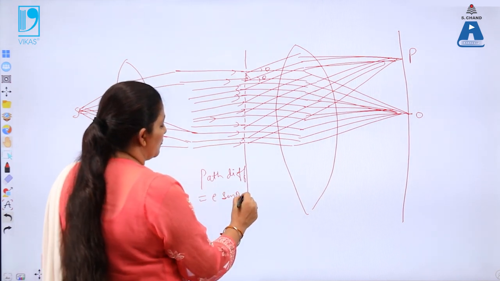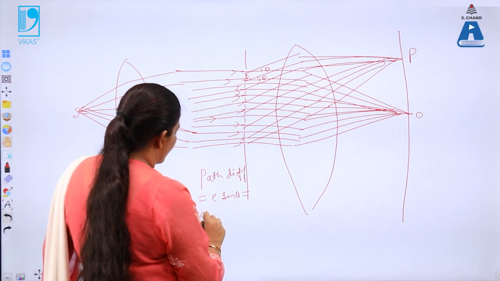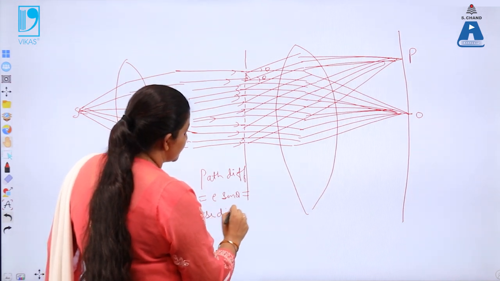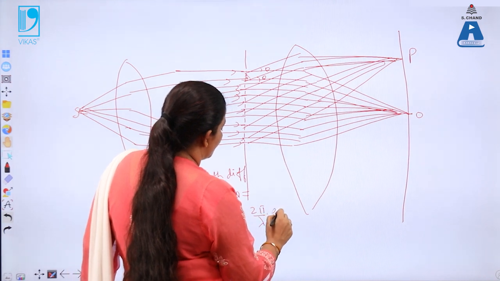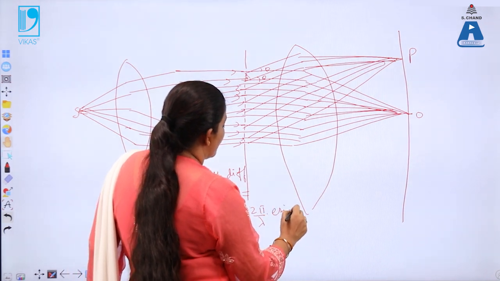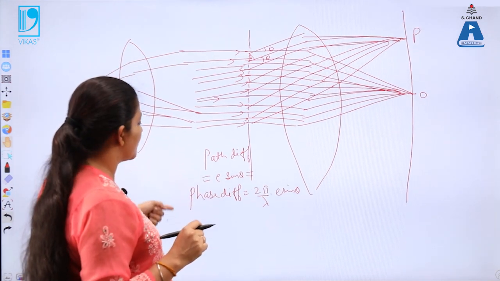Now we know the phase difference can be calculated over here. The phase difference by one slit is equal to 2 pi by lambda into e sin theta. Again we will divide this single slit into small n number of parts.